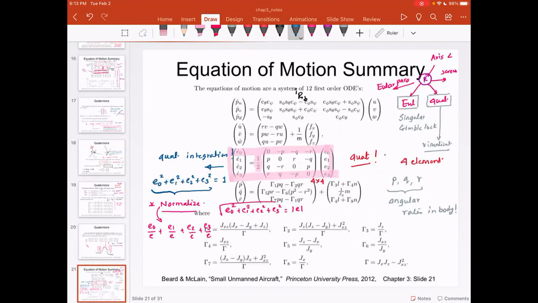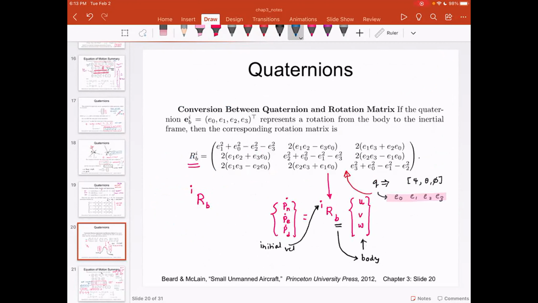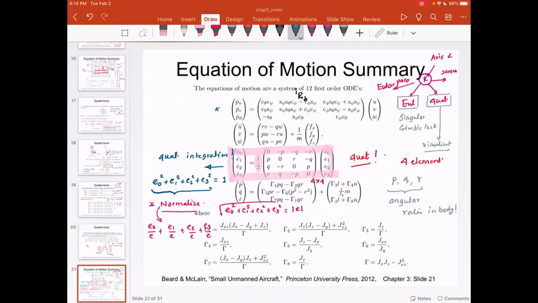Please note, for the first equation, which is the rotation matrix, you can use the expression that is given over here, or you can use the equation which is given over here. I'm going to call this matrix 1 and this matrix 2. Both of them will give you an identical answer.